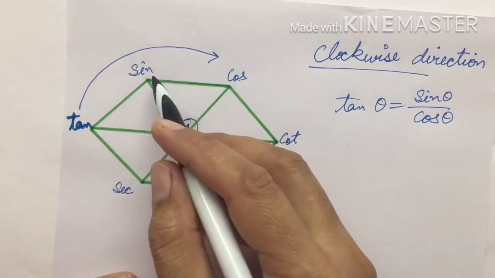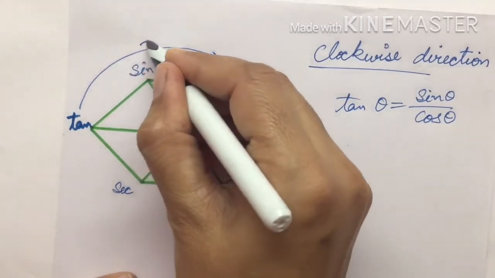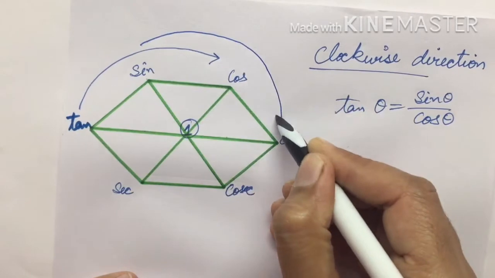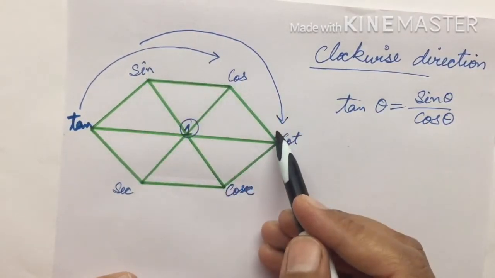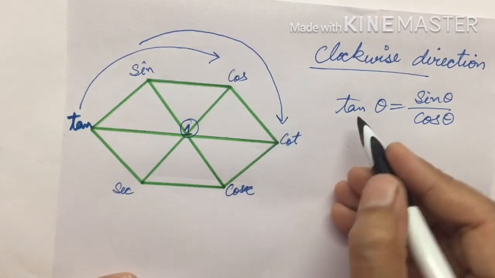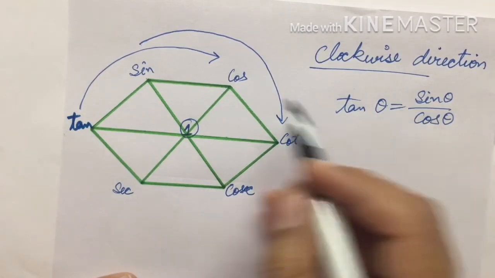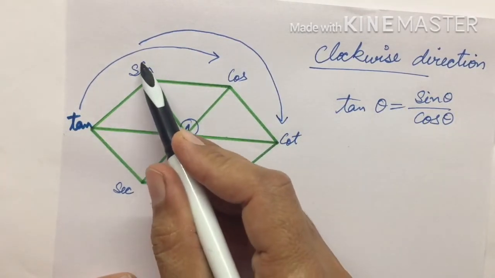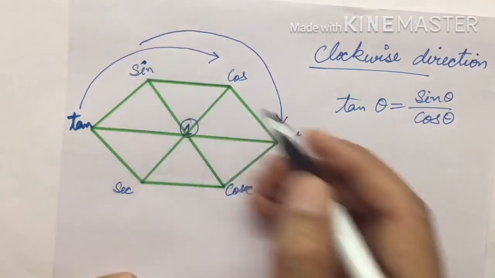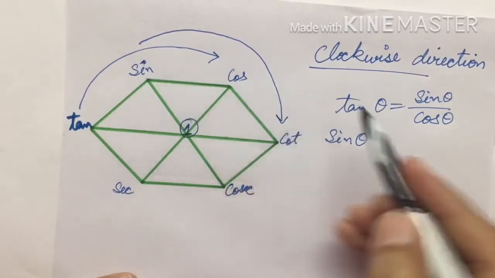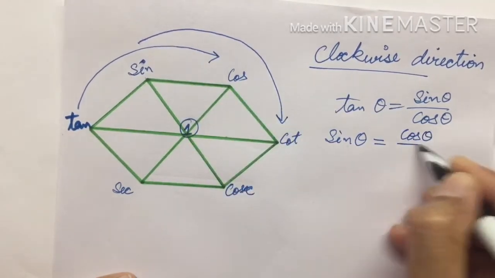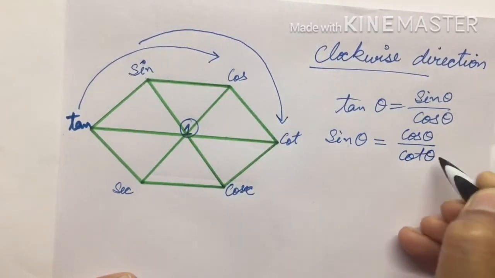If I start from sin theta, then sine, cos and cot, these three trigonometric ratios we are using. So as tan theta is equal to sin theta upon cos theta, from sin theta we started, so we will write sin theta is equal to cos theta upon cot theta.